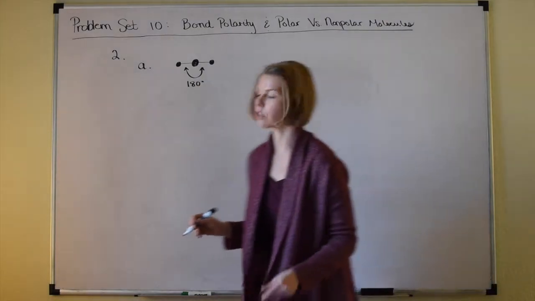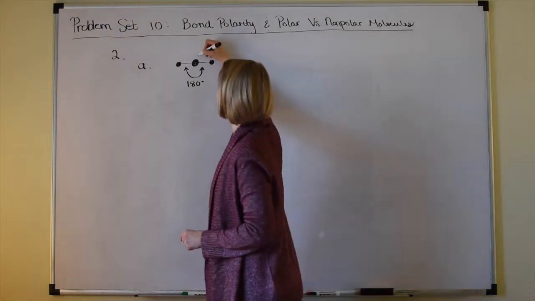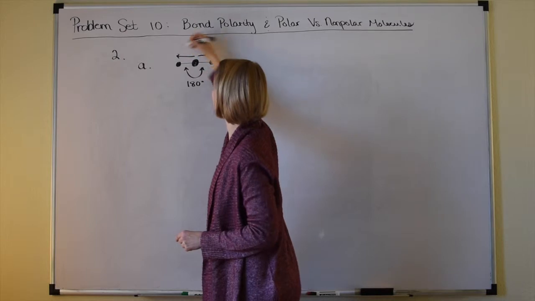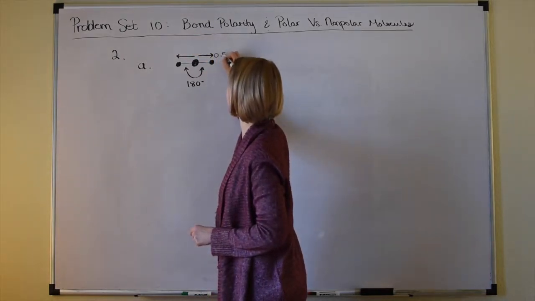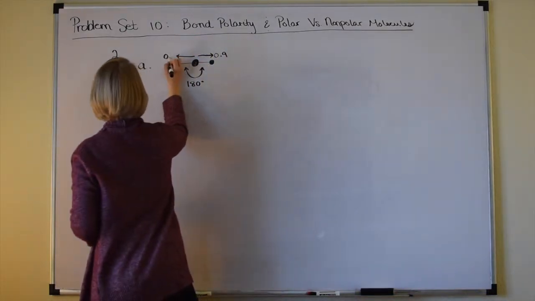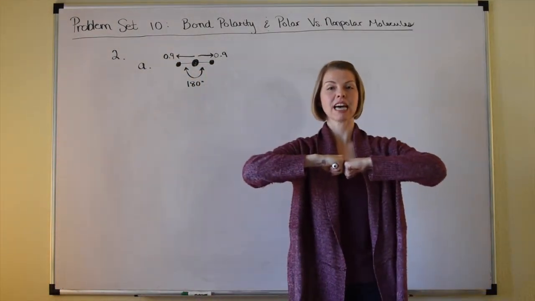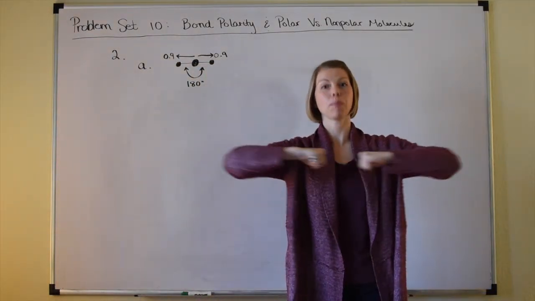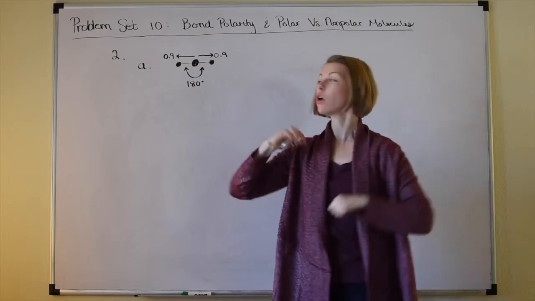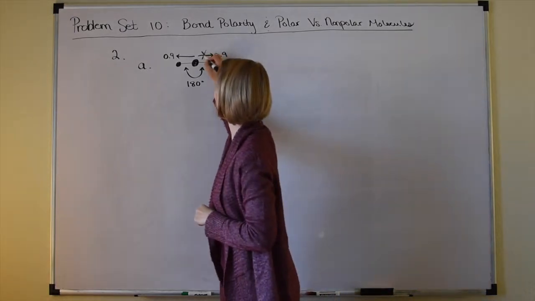Okay, so if we have equal magnitude for the delta ENs, we know they're both 0.9. So these are polar bonds, but in a linear molecule, meaning that they're equal in magnitude and opposing in direction, we know that they are going to cancel out.